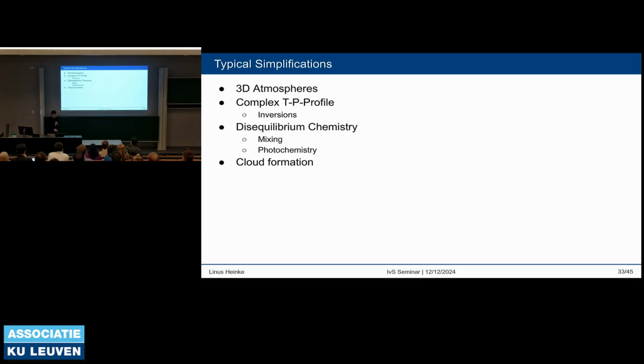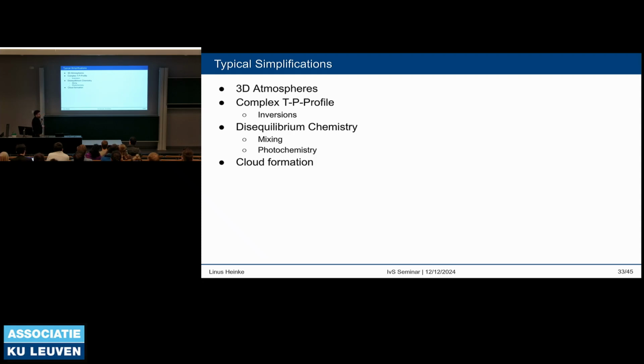As I said, we typically do some simplifications for these retrievals. If you think about all the complexity involved in an atmosphere, it can be quite complex, right? There are three-dimensional effects, with all kinds of mixing and processes transporting chemicals around.